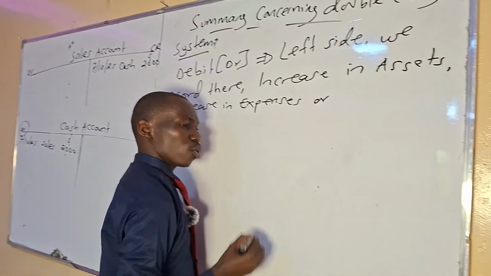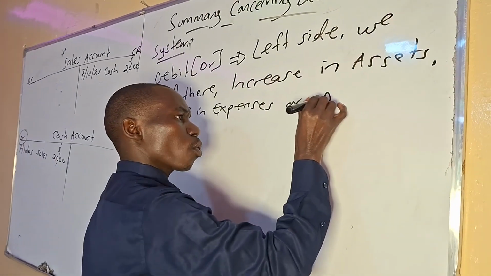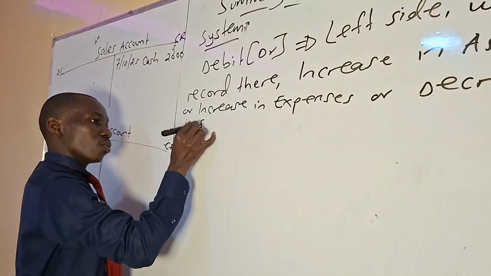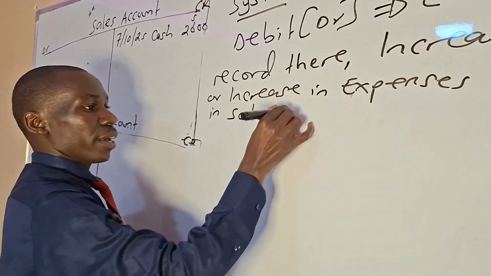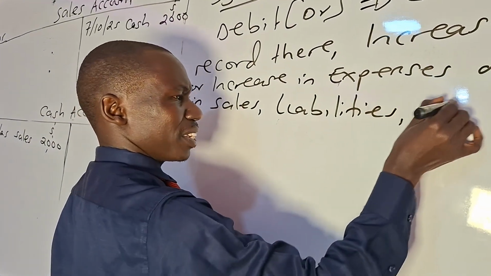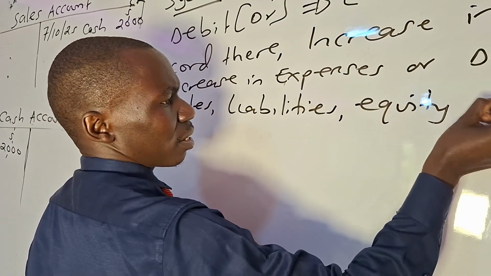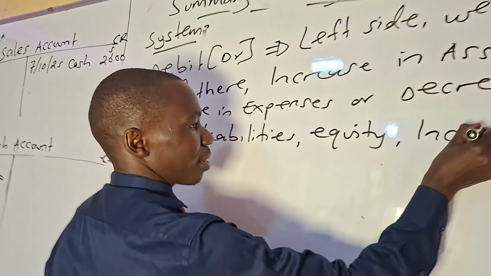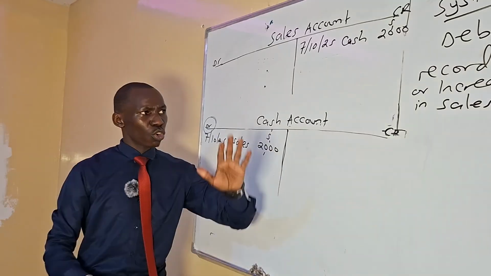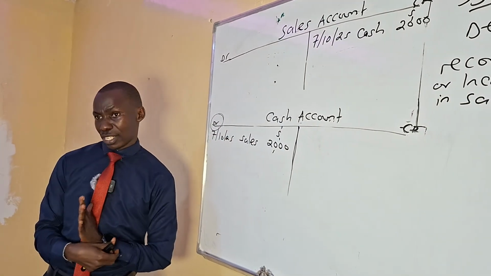Or we can record still on that left side the decrease: decrease in sales, liabilities, equity, income, etc. So master that debit side of the account, those are the only things we record on that side.